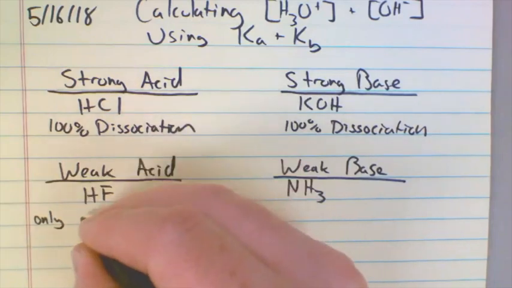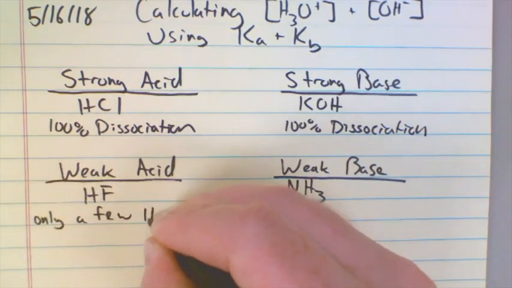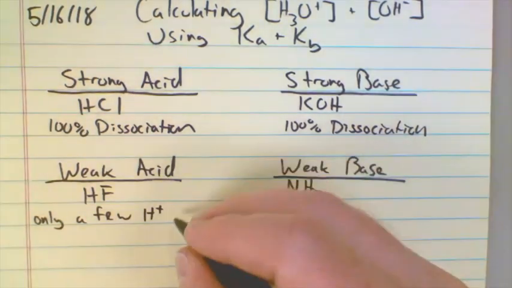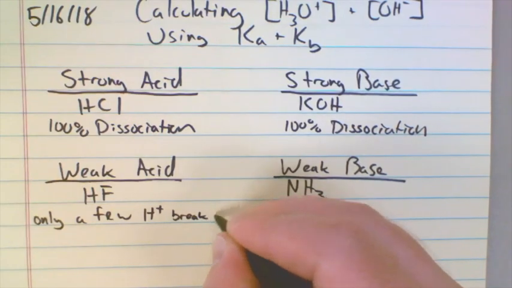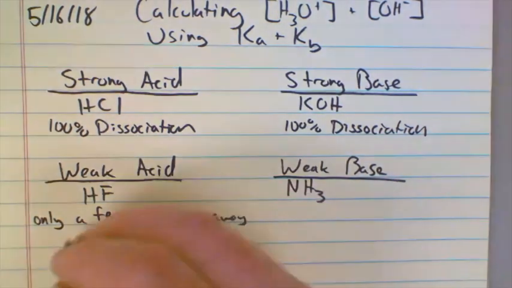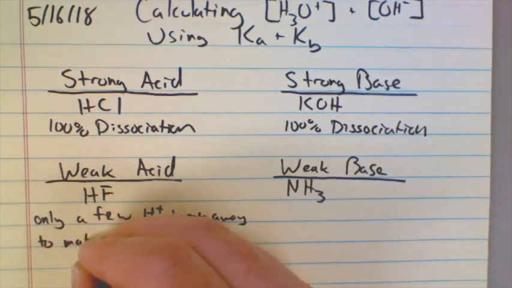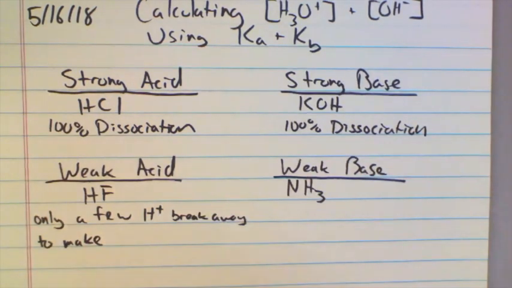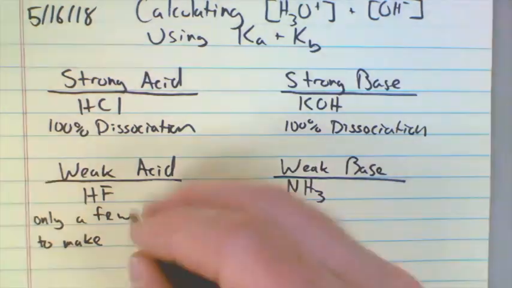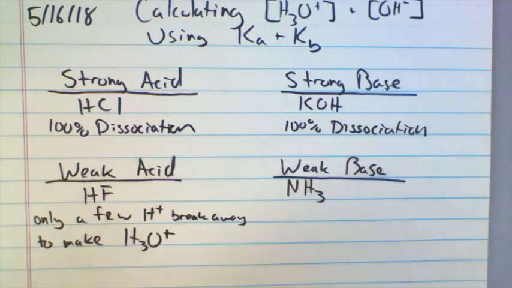We only get a few of our H plus ions that are going to break away. And what does it actually make in the water? It doesn't just say H plus. It turns into H3O, hydronium. That's really what makes an acid an acid: production of hydronium ion.